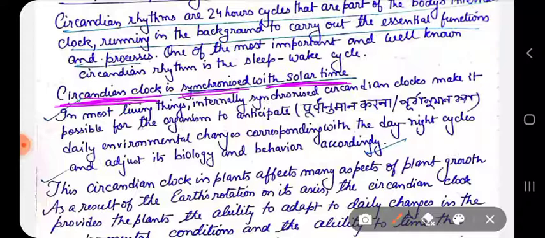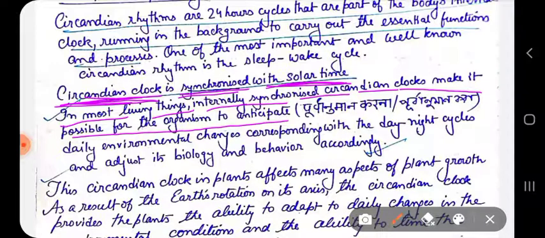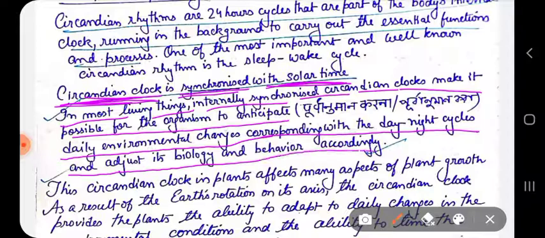Similarly, it applies to plants as well. In most living things, an internally synchronized circadian clock makes it possible for the organism to anticipate daily environmental changes corresponding with the day and night cycles, and to adjust their biology and behavior accordingly.